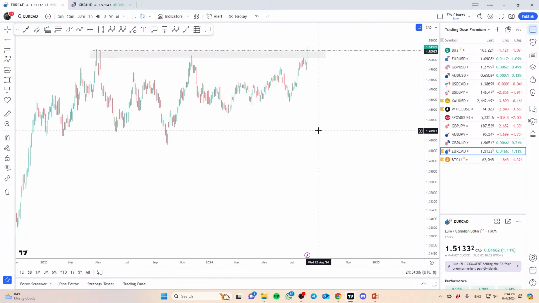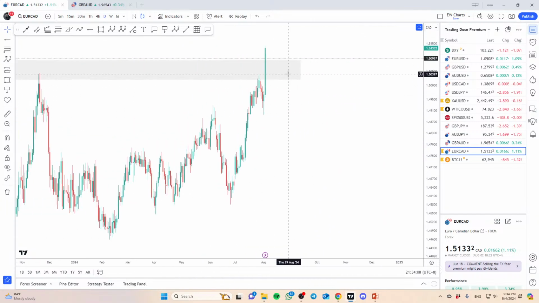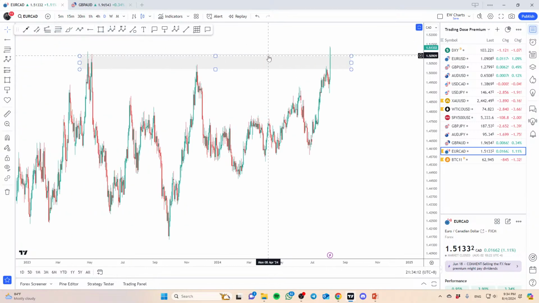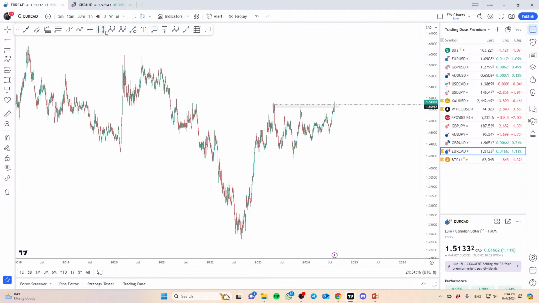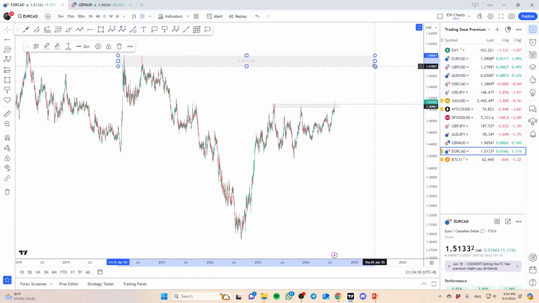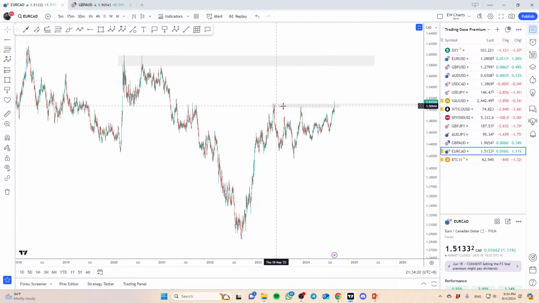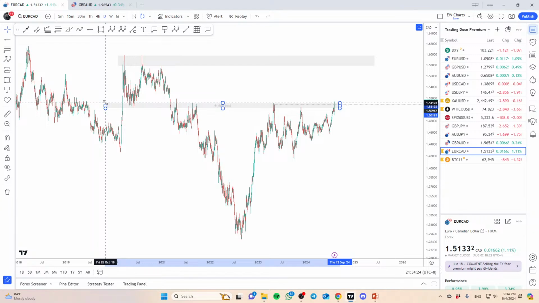So if you ask me, probably we want to wait for a pullback, and if you can get a corrective pullback on EuroCAD, there's very good odds we're going to see upside. Because if you can take out this zone here, you can see how significant this area is, right?